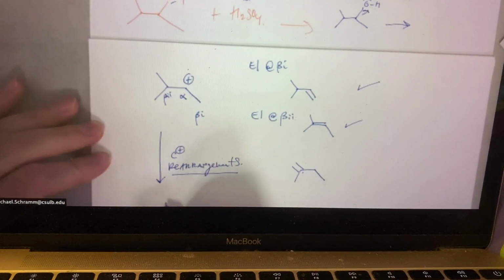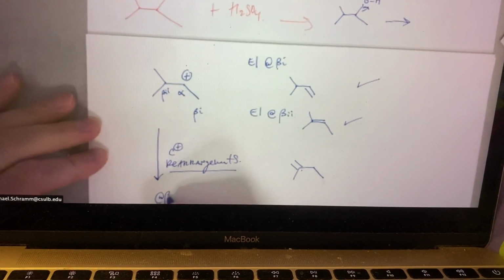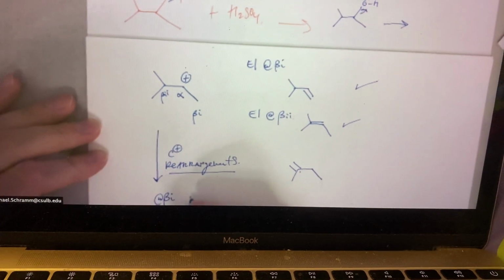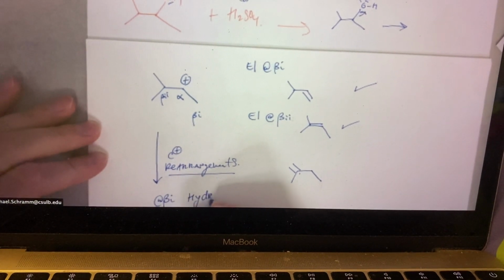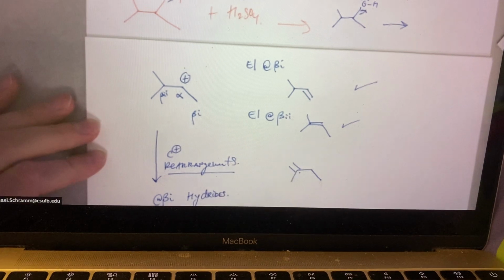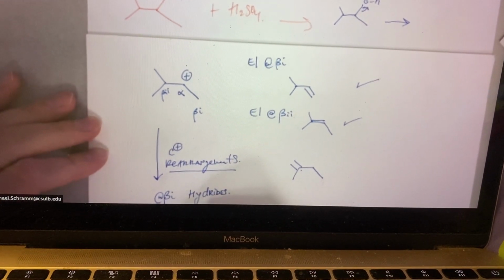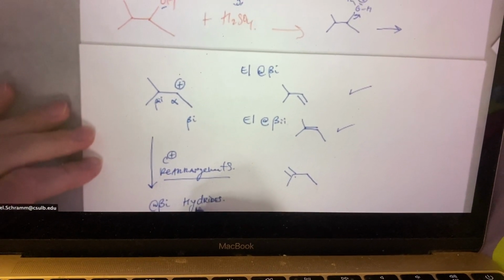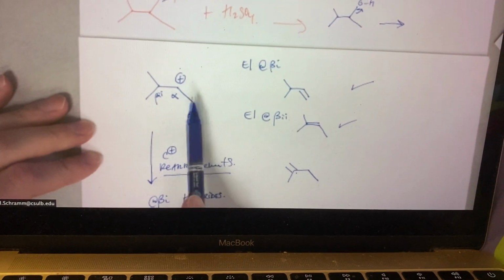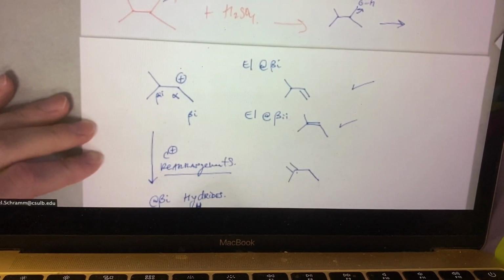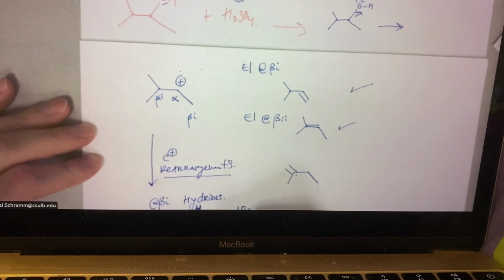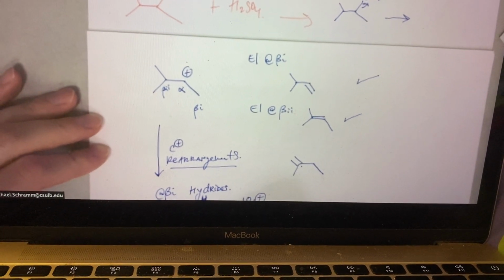If we did a carbocation rearrangement at the beta position, we have hydrides. At the beta 1 position, we have 3 hydrides. If we move one of these hydrides at the beta 1 position, the result would be a primary carbocation, and we would reject this.